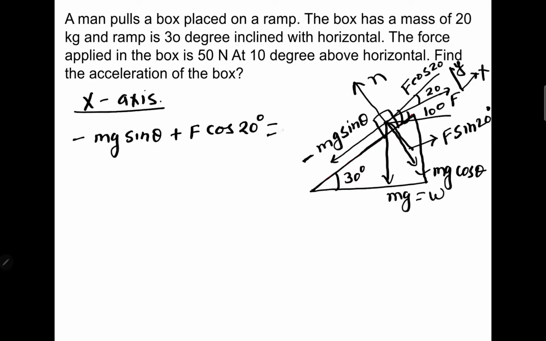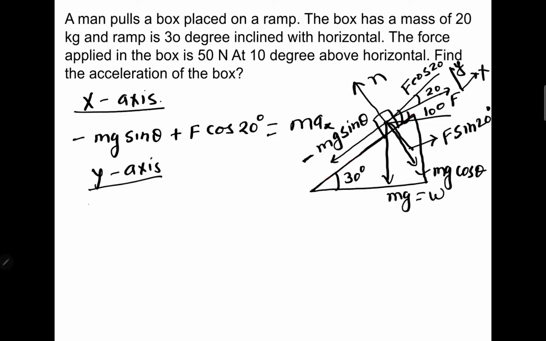And this one will be equal to max because it is creating acceleration along the x-axis, right? This is the one. And the second equation, that is the normal force along the y-axis. Let me write it down again.